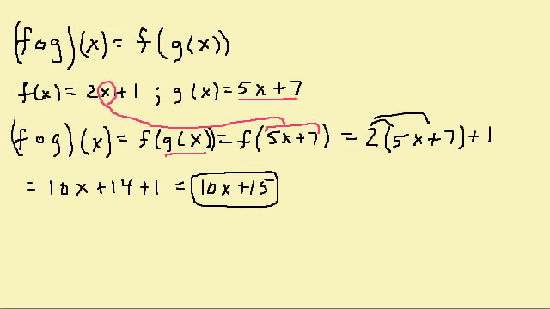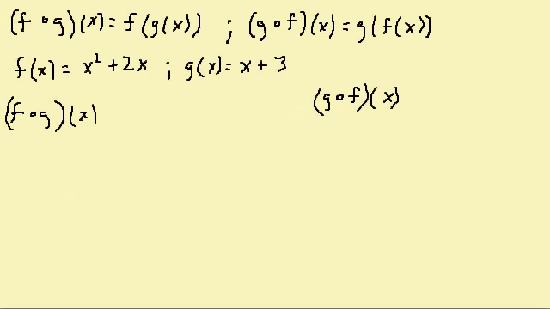Alright, let's take a look at another problem. We have f circle g of x is f of g of x, just like in the last problem. And we have g circle f of x is g of f of x. So let's find f circle g of x.